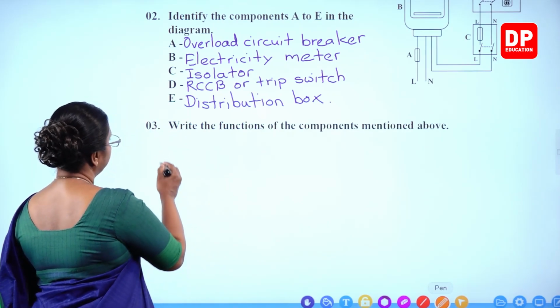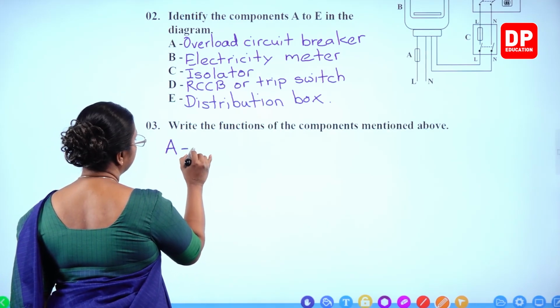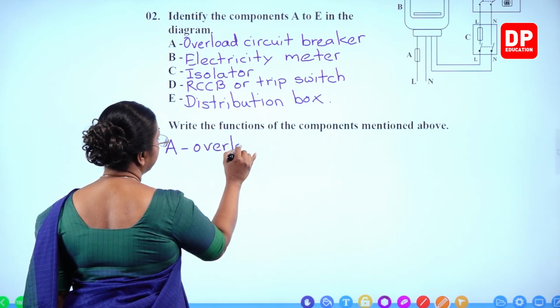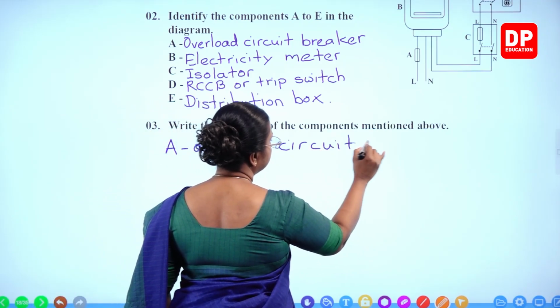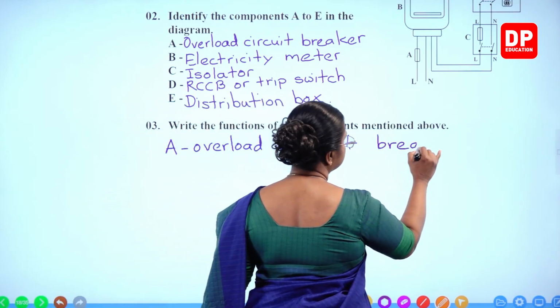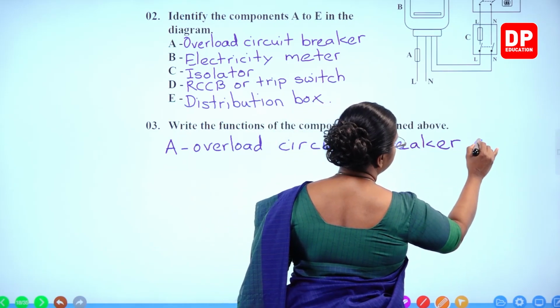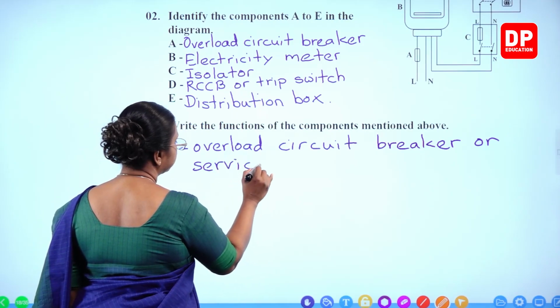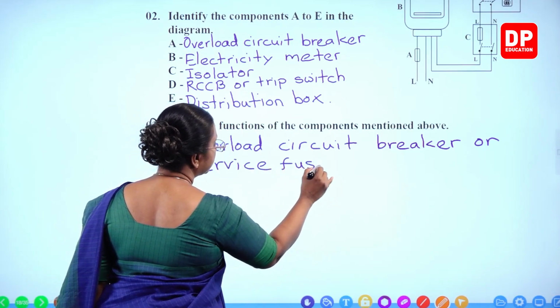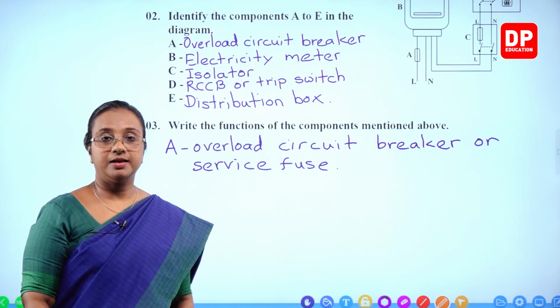First one is A. A, overload circuit breaker, or what you can call a service fuse. What is the function of this overload circuit breaker?